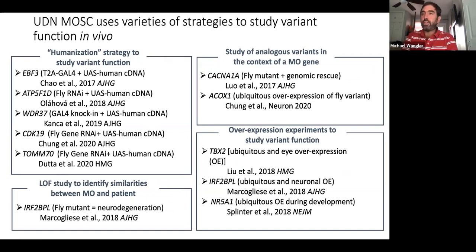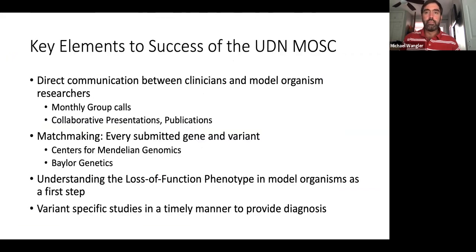One we call humanization, where we're essentially removing the fly gene and replacing it with the human gene in the same expression using genetic technology in the fly. And out of this, there emerged a number of arginine missense substitutions that had interesting functional consequences in the model. And so I'm going to go to that in a minute.